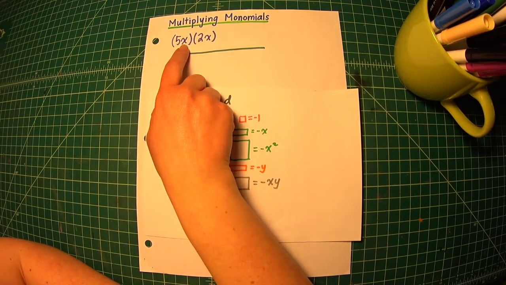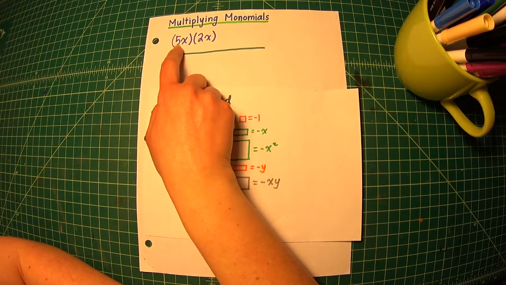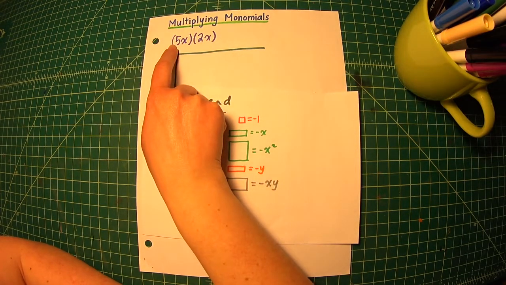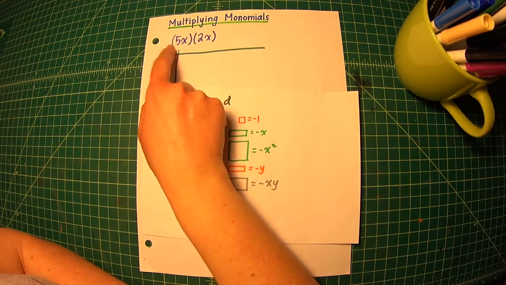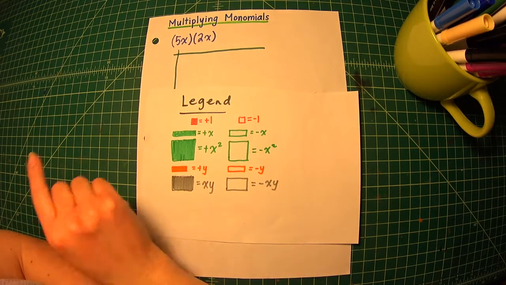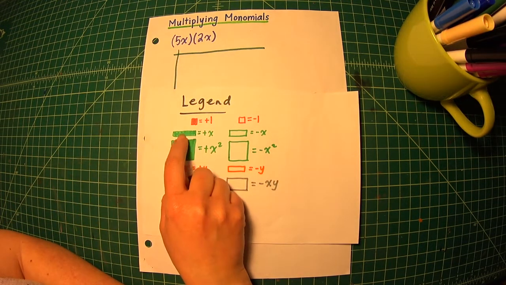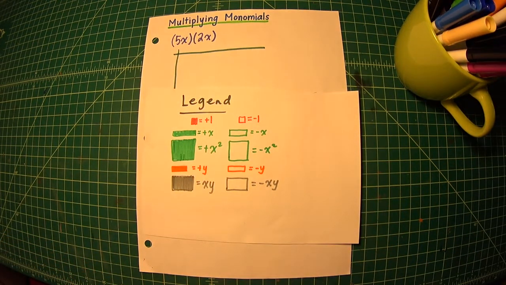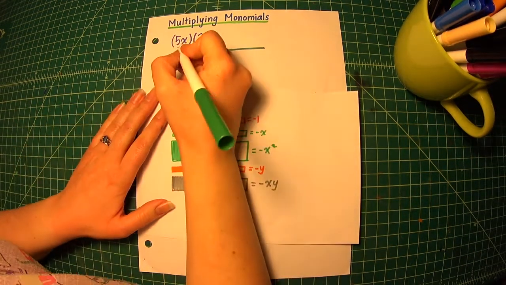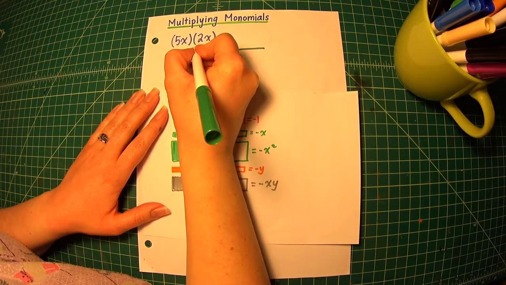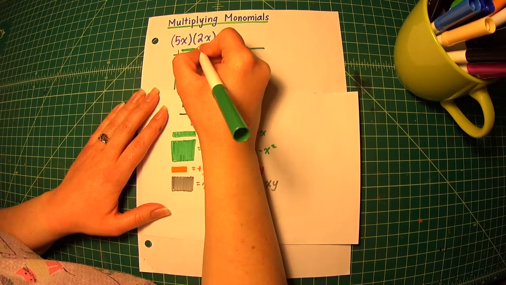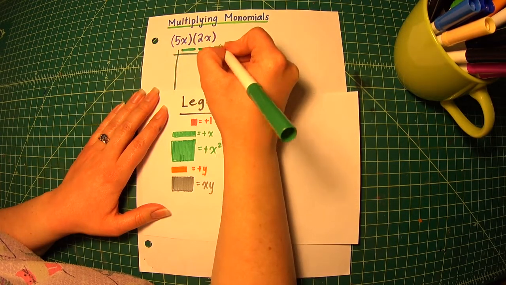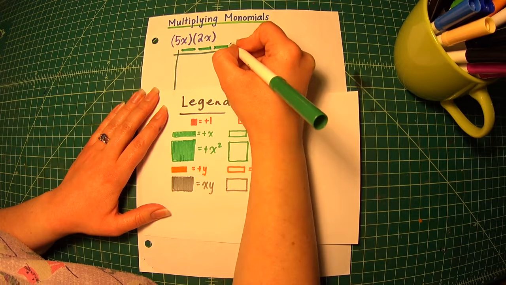The first term is 5x. It's positive because there is no integer sign, and as soon as there's no integer sign it's automatically positive. Our x's are these green rods, and we need 5 of those, so I'm going to draw 5 green rods across the top to represent my 5x.